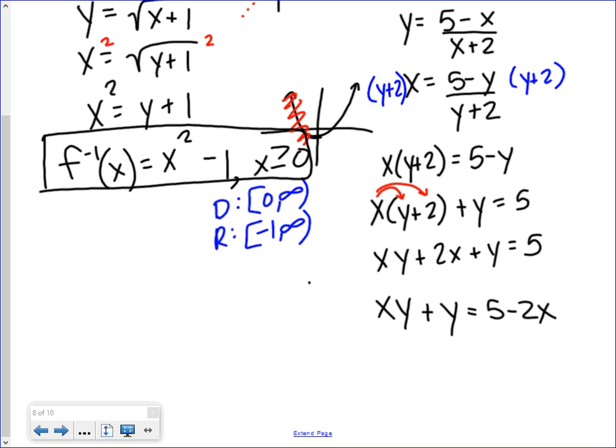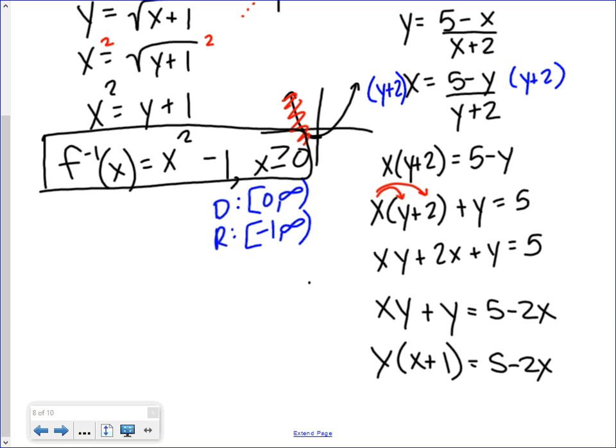Can you add xy plus y? No. But what's nice about those two things? They both have y. So up here, you're going to distribute so you can factor out a greatest common factor. So down here, you can say, let me take a y out of both.